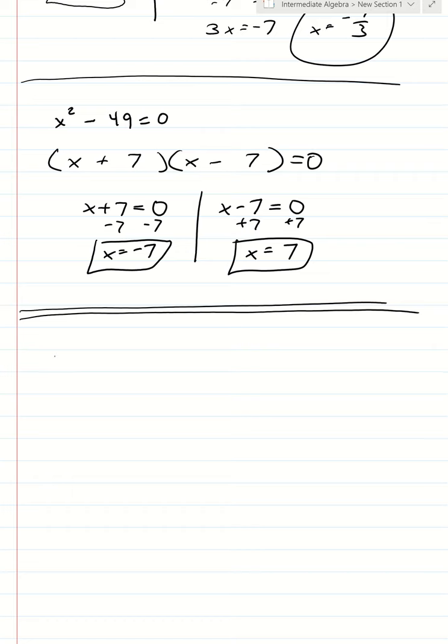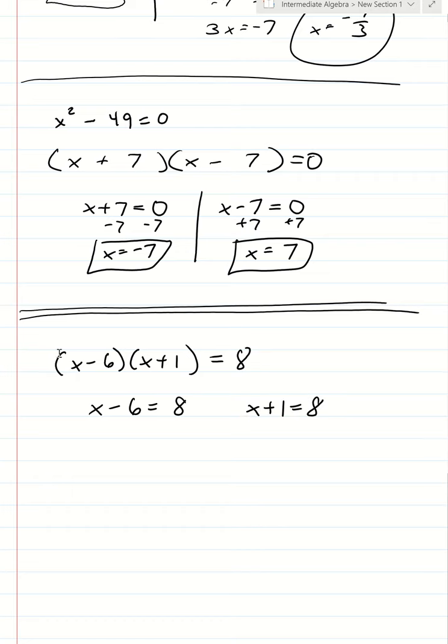First of all, let's say we have the problem (x - 6)(x + 1) = 8. Well, the common wrong thing to do, what you don't want to do, is students sometimes look at this and say, oh gee, let's set x - 6 equal to 8 and x + 1 equal to 8.